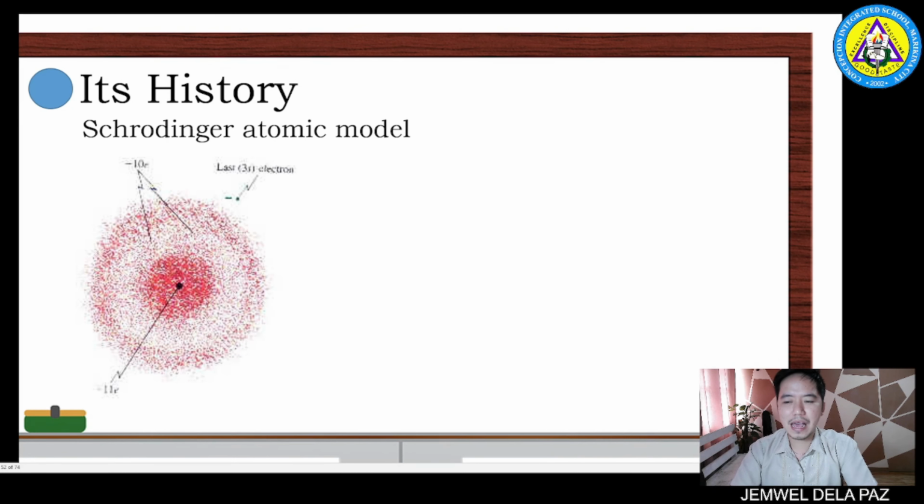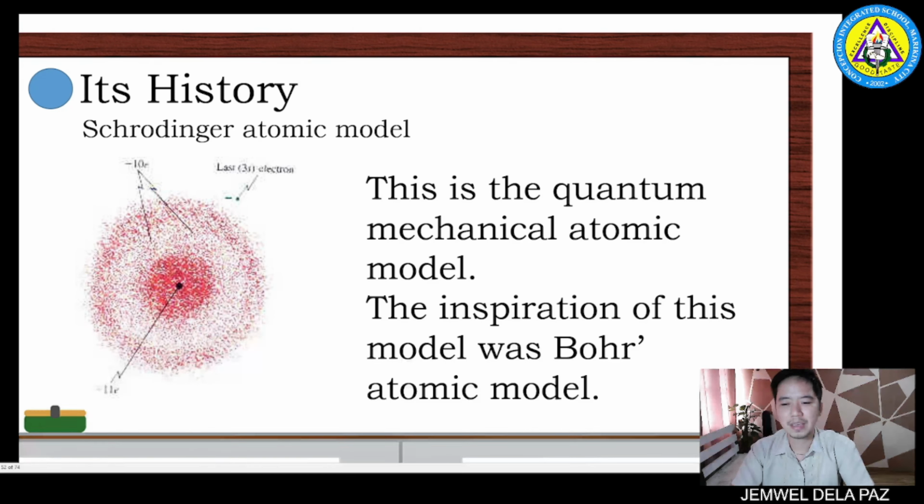The last model is Schrödinger's atomic model. As you can see, it looks like a fuzzy model. This is the quantum mechanical atomic model. The inspiration for this model was Bohr's atomic model.